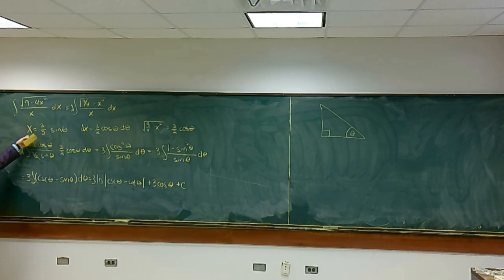The inverse sine of 2x over 3, right? So that means sine of that angle is just 2x over 3.